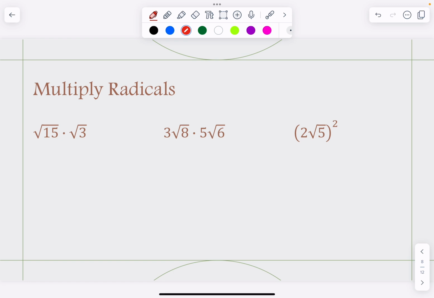Next section you're going to run into is multiplying. When you multiply radicals, you can multiply the numbers outside the radical, and you can multiply the radicand values, the numbers inside.